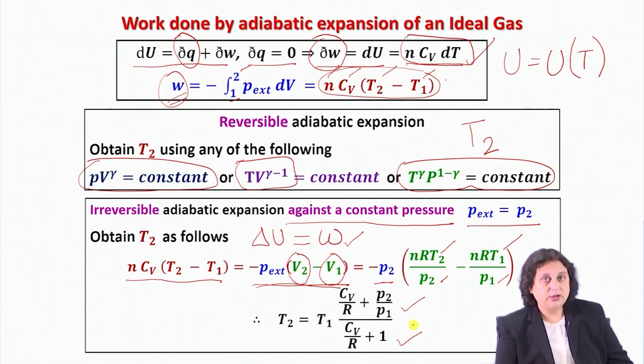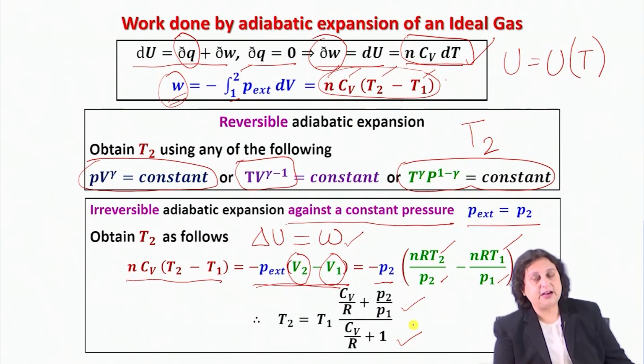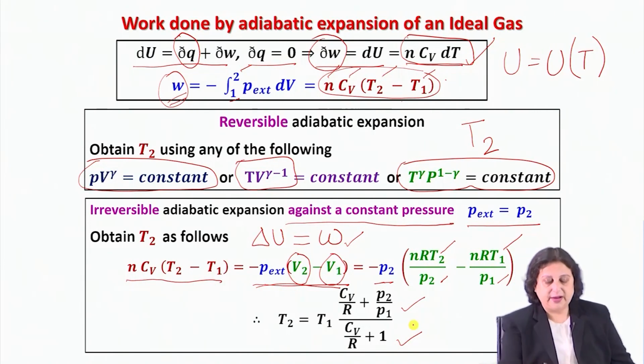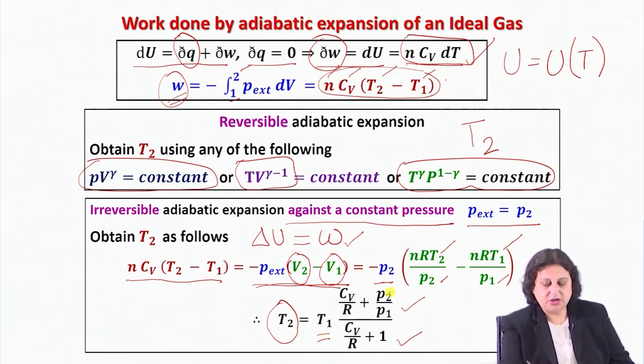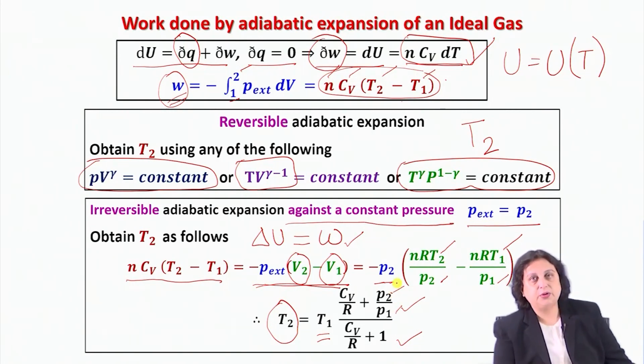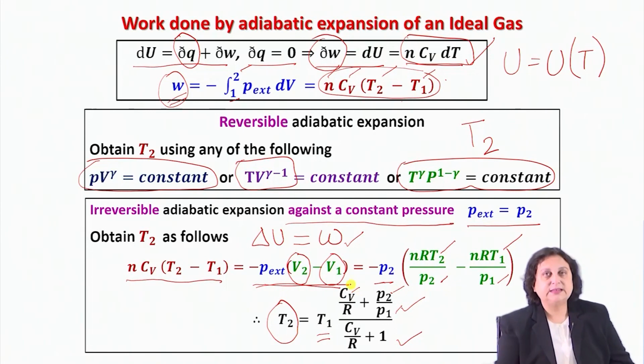Now what's the use of doing this? The idea was to find out the final temperature that the system will achieve when it is made to undergo an irreversible adiabatic expansion against a constant pressure. And here you find that quantity precisely. Now what does it depend on? Look at the right hand side. You should be knowing the initial temperature, you should be knowing the initial pressure and the final pressure and some measurable quantity of the system, that is CV.